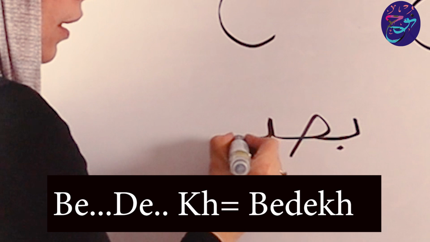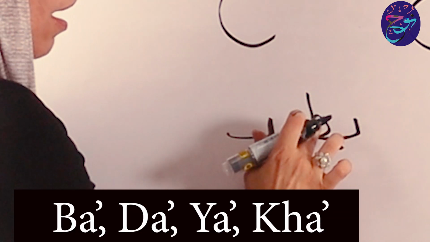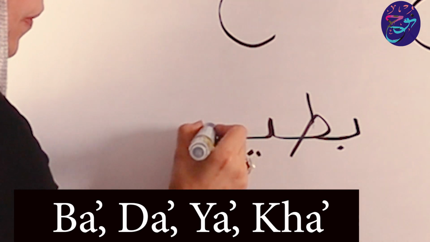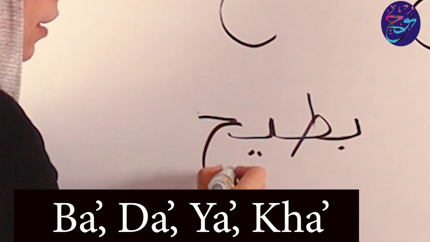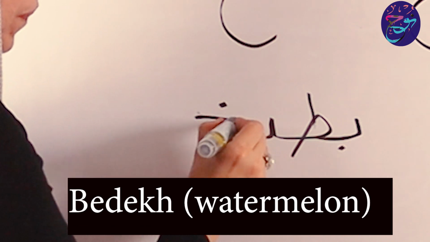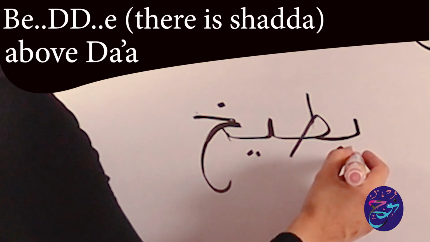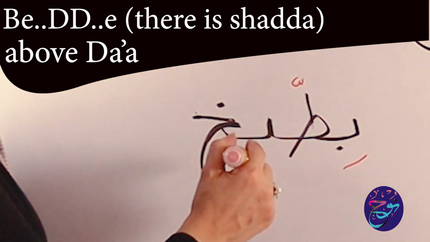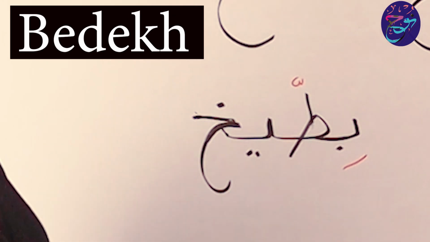Bitikh. And this is ta, then ya, then kha. بطيخ. There is a shadda above the ta. بطيخ.